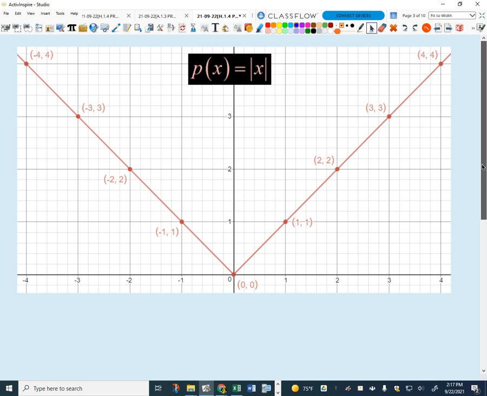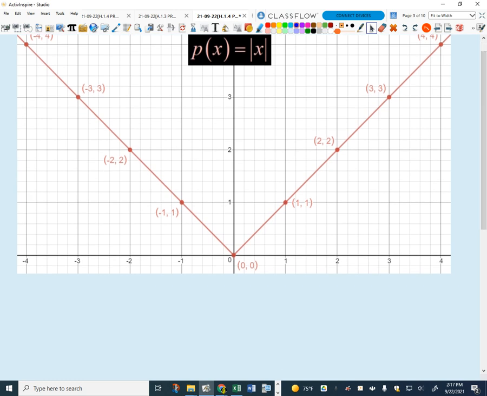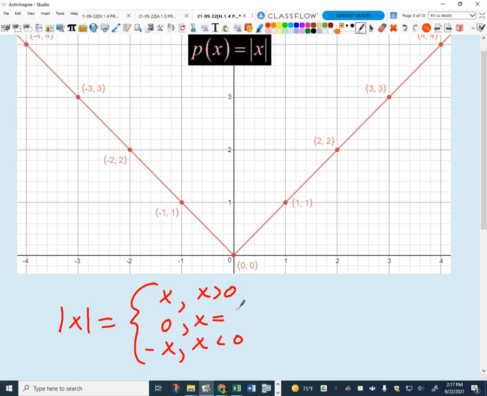I'll point this out because we're going to deal with this a lot in a couple of years in calculus. There's another way we could define absolute value, and we'll come back to this soon. Anybody know what that means?